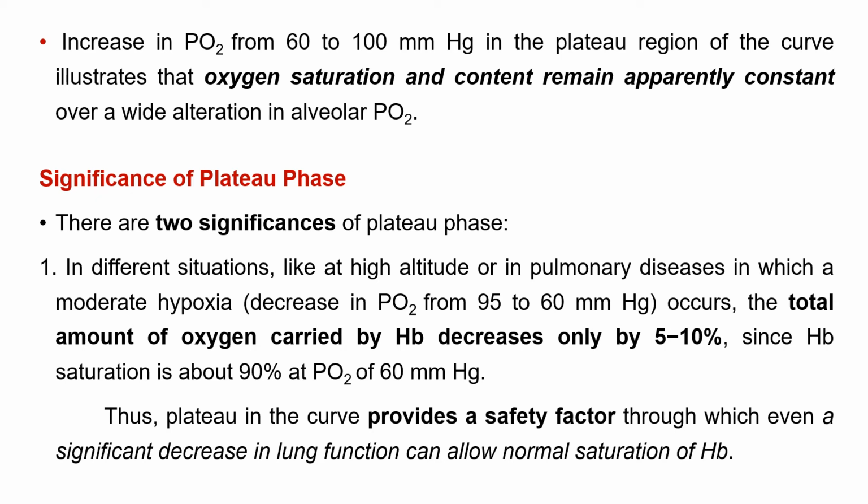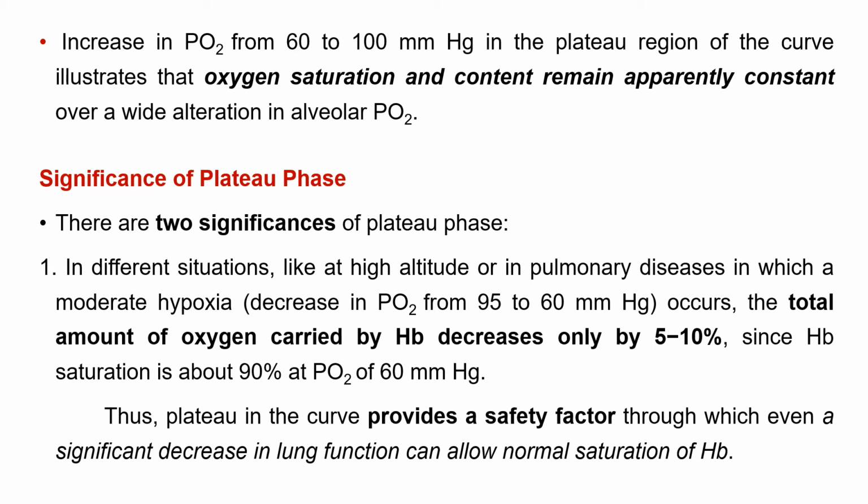Because you can see the plateau begins from about PO2 of 60 mmHg. From 60 to 100, there is a flat phase, plateau phase, and the oxygen saturation remaining is only 10%.